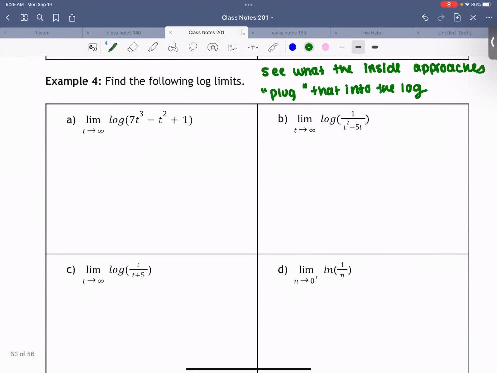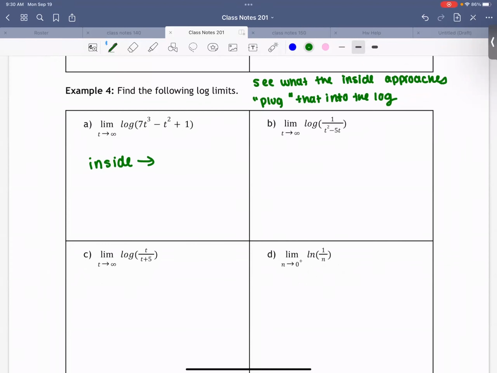Okay, so we have our log of 7t cubed minus t squared plus 1, and we're looking at where that goes as we get really, really large values as t approaches positive infinity. First, I'm going to look at what the inside goes to.